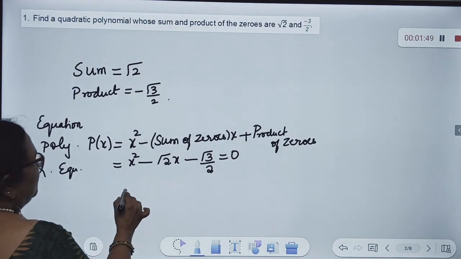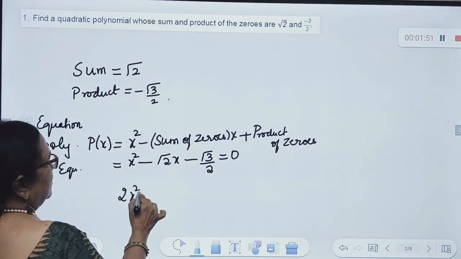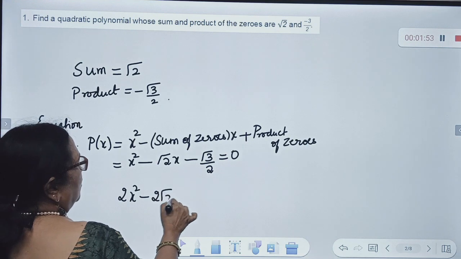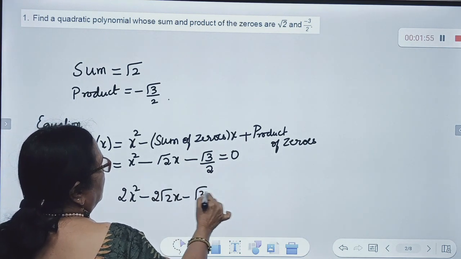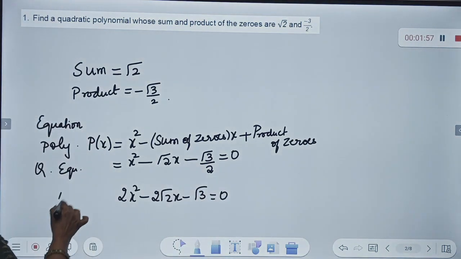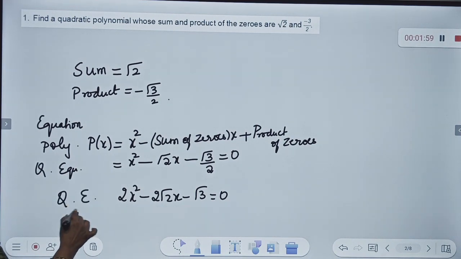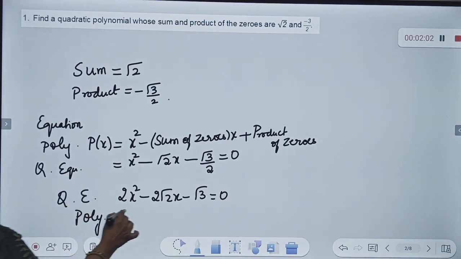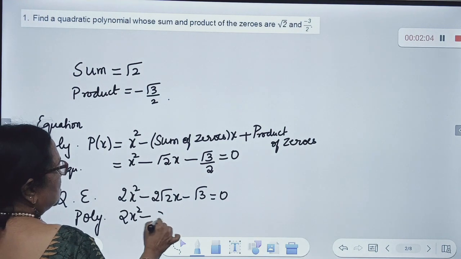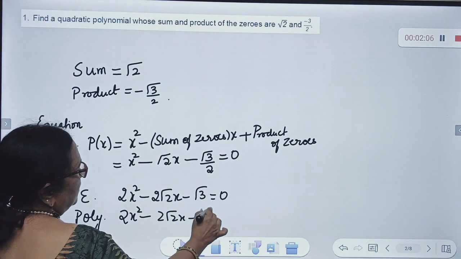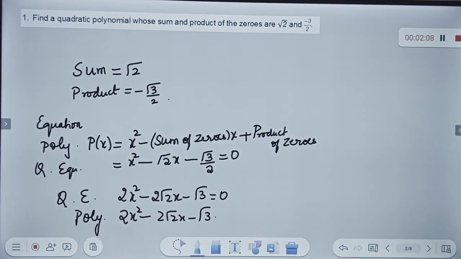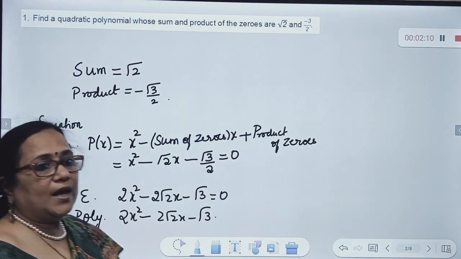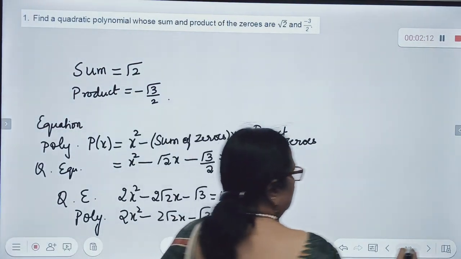If you want, you can simplify it and write it as 2x square minus 2 root 2x minus root 3 equal to 0. So I am giving a quadratic equation. If you want it only as a polynomial, 2x square minus 2 root 2x minus root 3. So this is the difference between polynomial and equation.